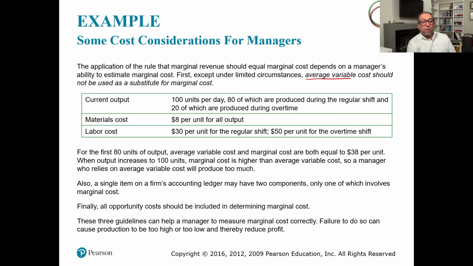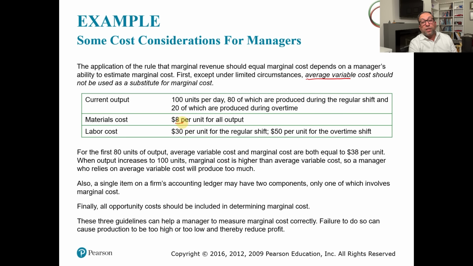So here is an example. Current output is 100 units per day, 80 of which are produced during the regular shift, and 20 of which are produced during overtime.